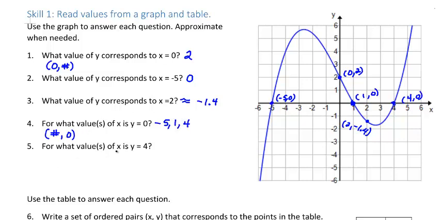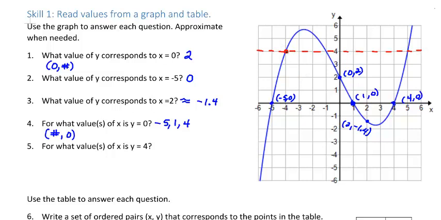For what values of x is y equal to 4? So for this one, I'm going to think about this. We go to the y value 4, and we have to think about where, if we span across in horizontal directions, where do we touch the graph?